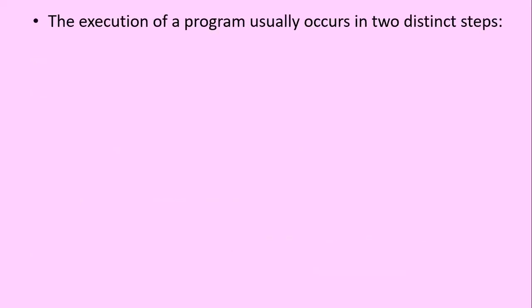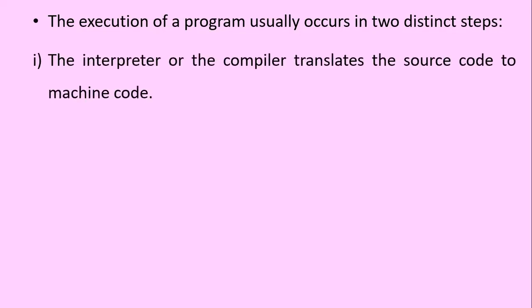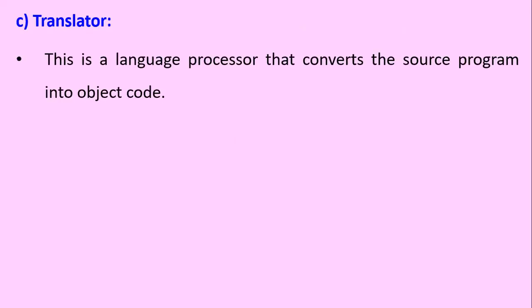The execution of a program usually occurs in two distinct steps. Number one, the interpreter or the compiler translates the source code to machine code. Secondly, the machine code is then executed. Let's now look at translator. This is a language processor that converts the source program into object code.